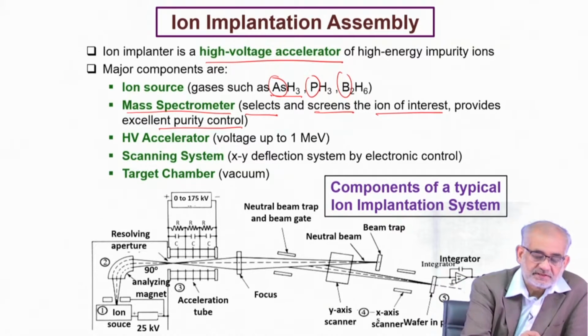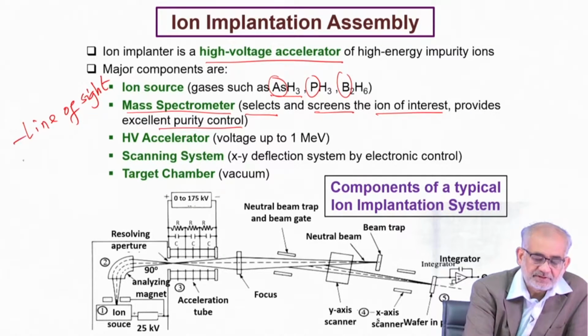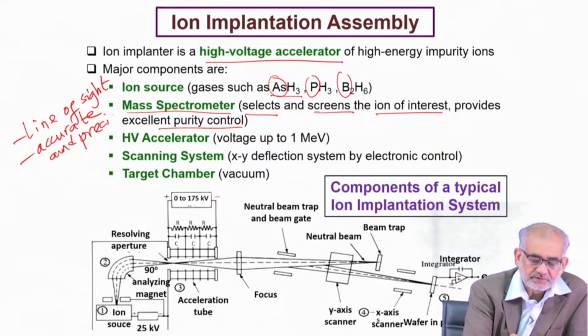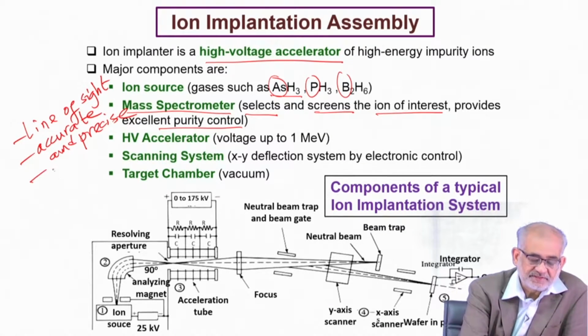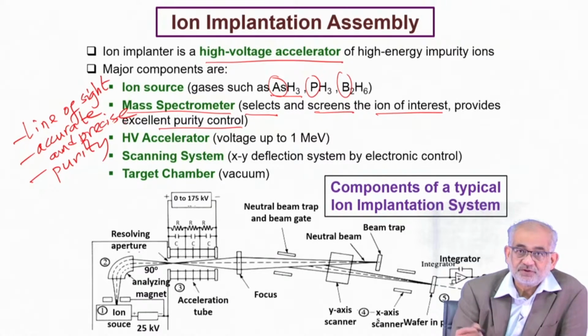Apart from being a line of sight, it is also very important to remember that this is extremely accurate and precise. We also can maintain extremely high purity. In fact, this is possibly the purest form of altering the surface composition.